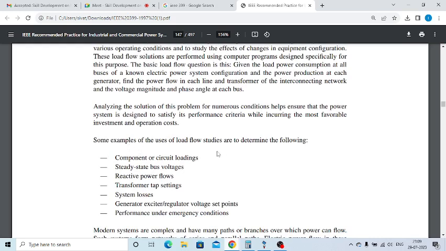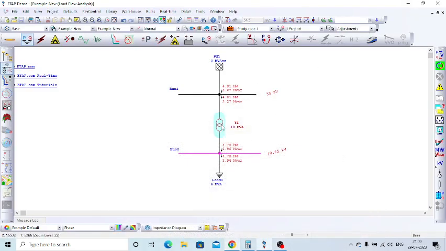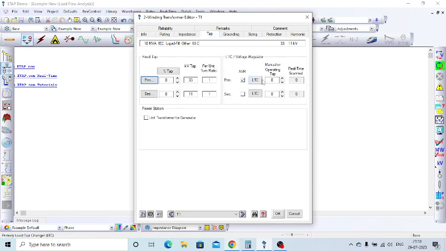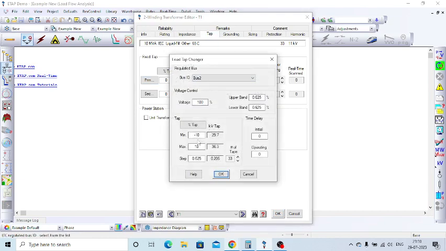Here, one of the objectives of the load flow analysis is transformer tap setting. What we have done, the small variation in the transformer, comes under this. Finally, after the completion of the load flow, when we give the report, we will suggest the selected transformer tap, that is -10 to +10 with a step of 0.625 percent, is suitable for the particular site.